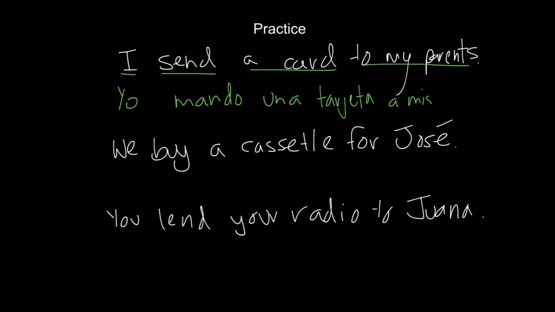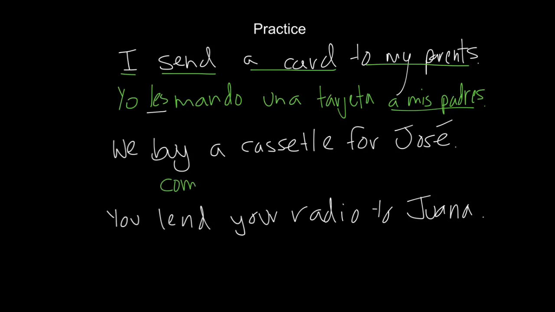Oh, to whom or for whom. That means that's the indirect object. So I need to add an indirect object pronoun as well. That should go before the conjugated verb. So I would add les. Yo les mando una tarjeta a mis padres. Now remember, I can use both the indirect object pronoun and a clarifier in these situations.